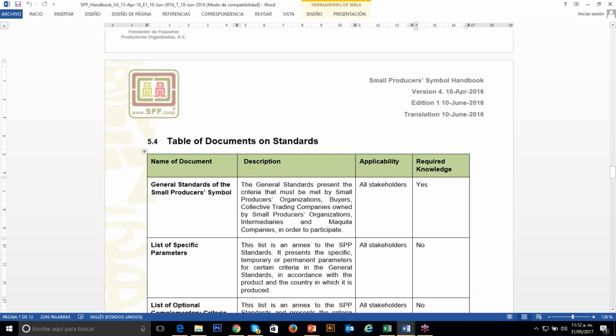This document, the user's contract format and the SPP handbook, is in the SPP digital system. In order to make it easier for certification entities to send these documents when the application or company is certified.